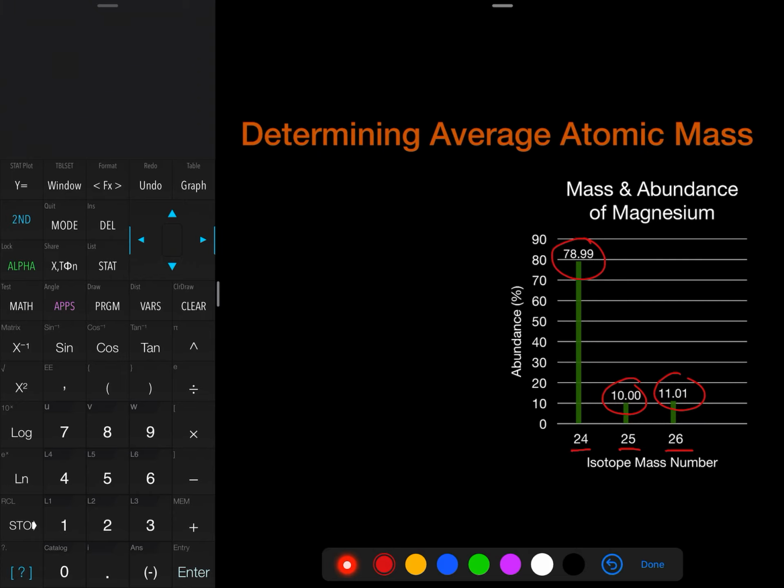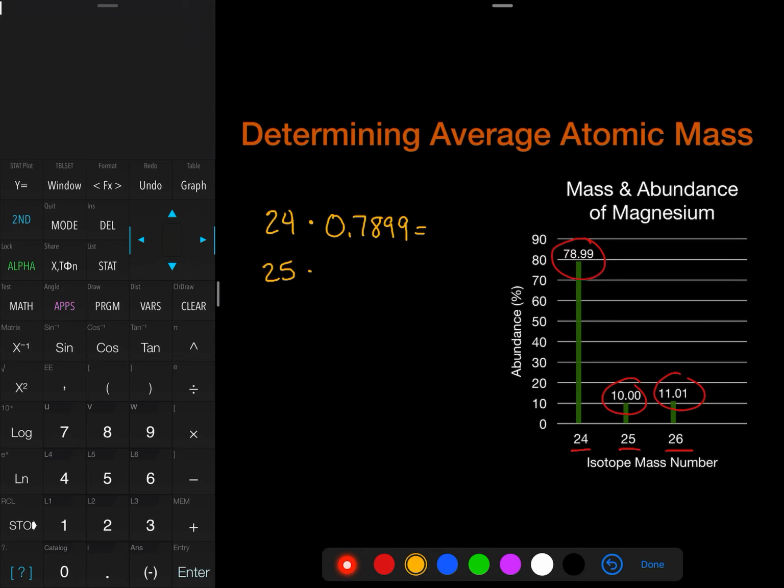So for magnesium then, we would do the same thing we did before, and we're going to do our 24, and we're going to multiply that times 0.7899, and then we're going to do the same thing.